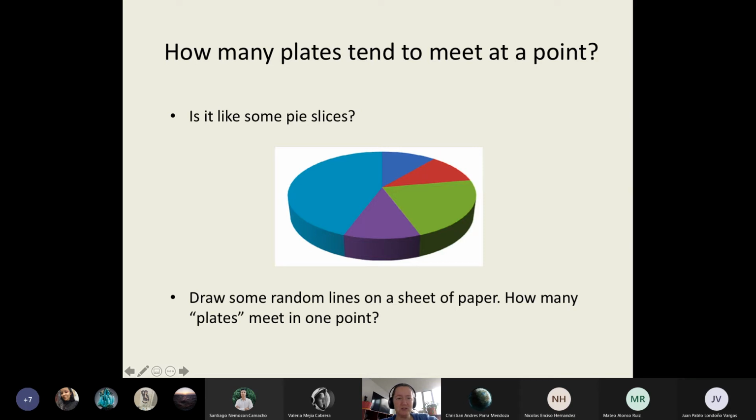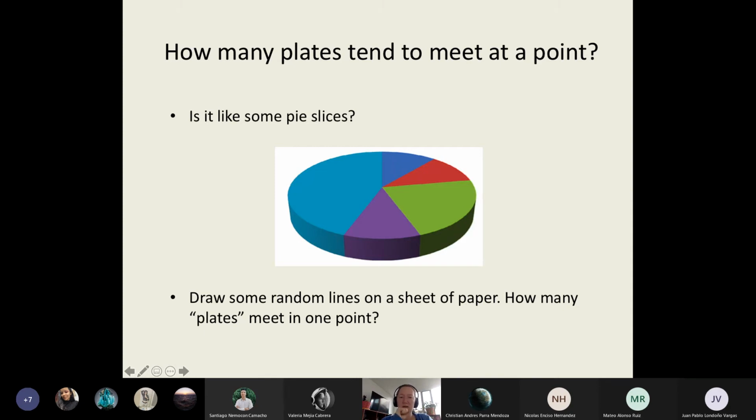This is a weird question, but if I take a piece of paper right now and try to draw, which I can't find my pencil. But try it yourselves. If I have a little notebook here, draw a bunch of lines and just make them intersect randomly. Or you could do it even more fun if you have a big cookie and you try to break it into pieces.